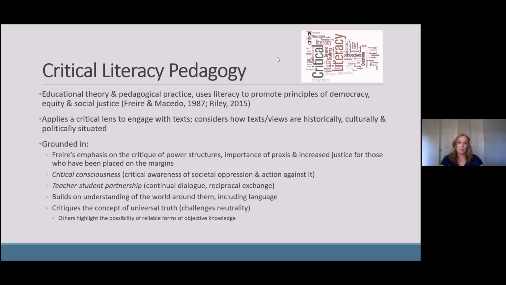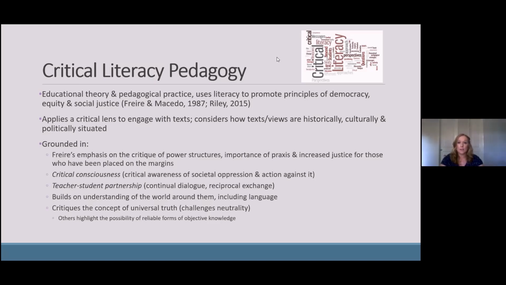But then also critical literacy is really about increasing critical consciousness. And that really just means our critical awareness of the world, what is going on around us. One of the phrases I always use with my students is, we all have glasses that we use to see the world, and our world is shaded by the glasses that we wear.